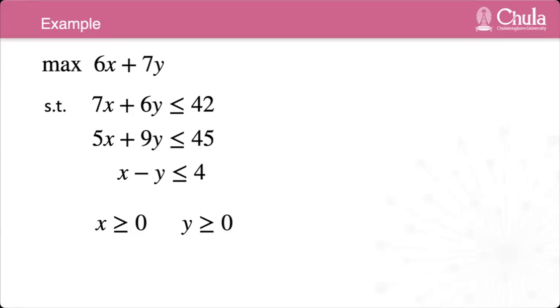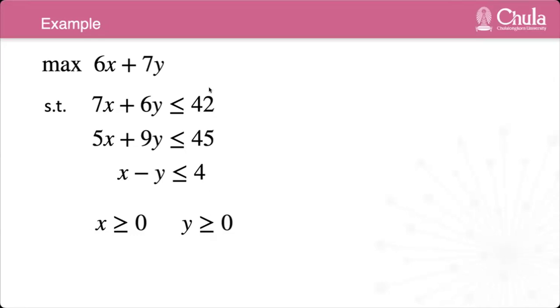So you see that this problem can be solved by the simplex method, okay? Just phase two, you don't need the two-phase algorithm, right? Because all constraints are in canonical form, and the right-hand sides are all positive, right?